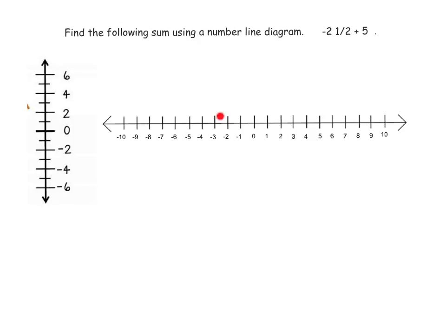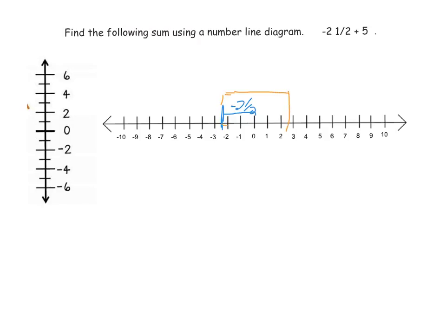So you're going to find that negative 2.5. So here's 1, 2.5. Draw your negative 1, 2.5. It's going to be right there, negative 2.5. And then from that, you're going to add 5.